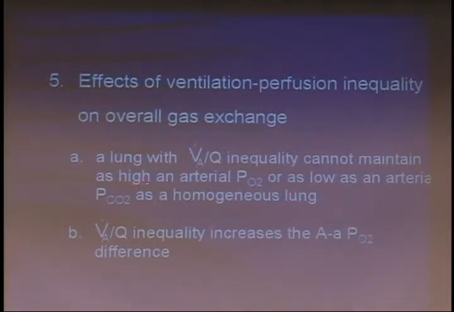So let's just focus in on the arterial PO2. Why would a ventilation perfusion inequality or a poor match not allow you to maintain as high an arterial PO2 as a lung unit where the two are well matched?